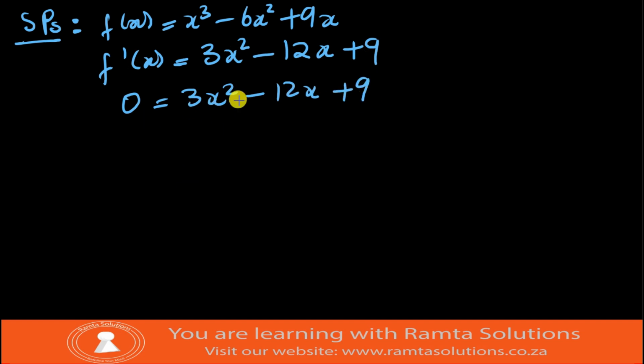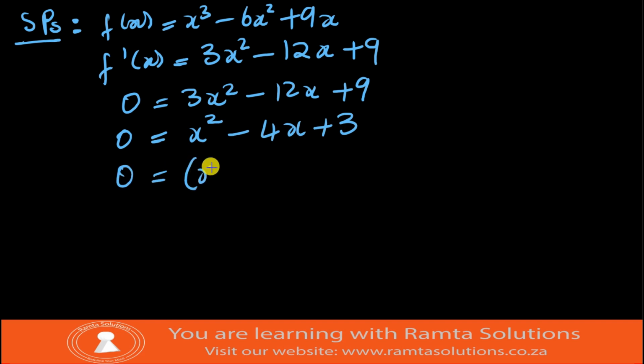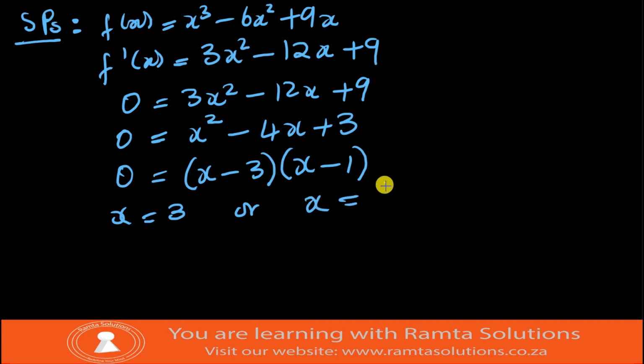We have 3 common to all terms, so everything divided by 3 is x squared minus 4x plus 3. Further, we can factorize: x minus 3 and x minus 1. Therefore, x equals 3 or x equals 1.